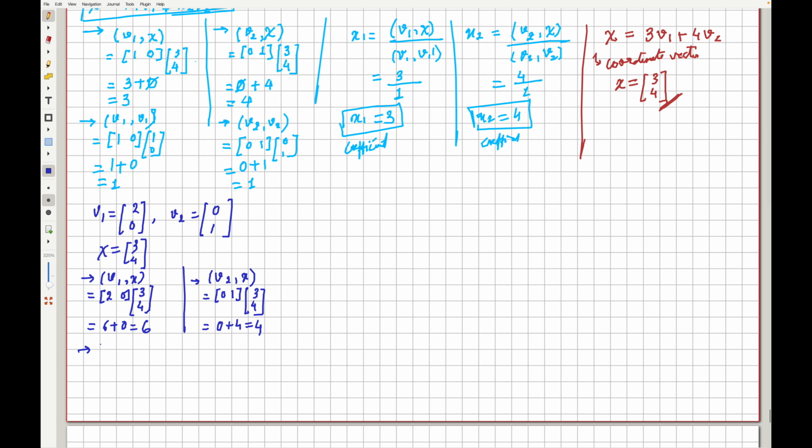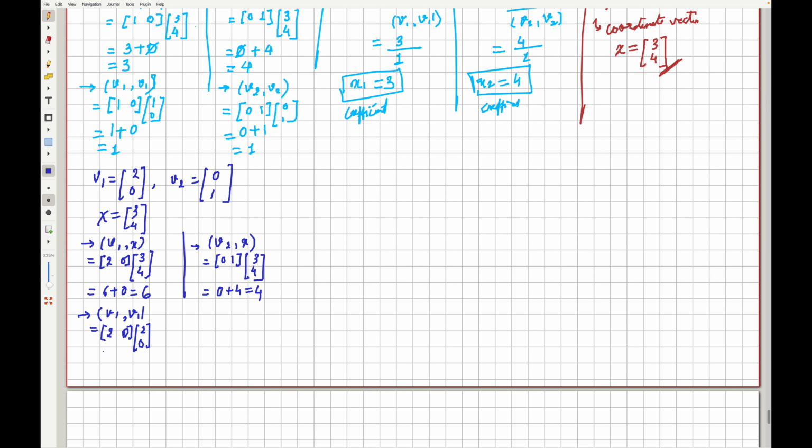Finally, we calculate the dot product of v1 with itself, and this time it is going to be 2 0 dotted with 2 0. Here 2 times 2 is 4, so 4 plus 0 we get a value of 4.